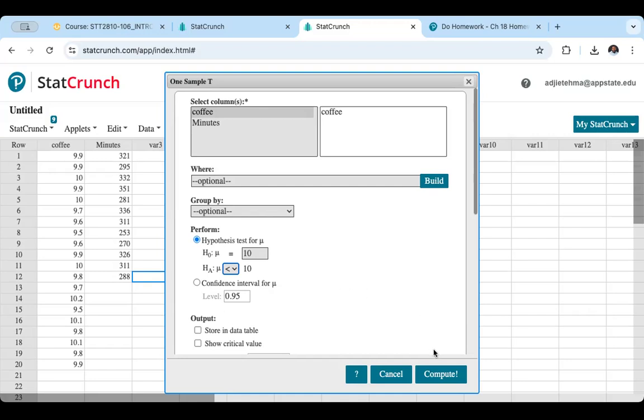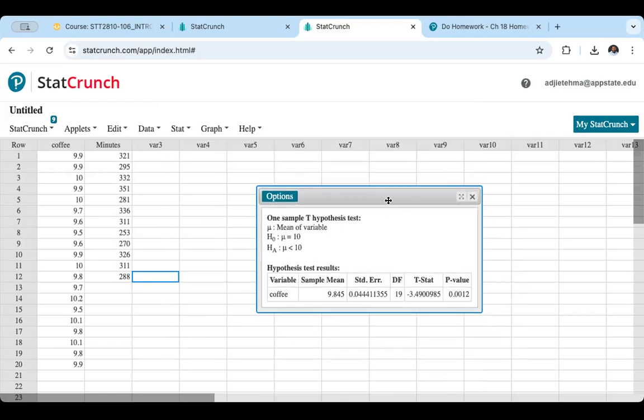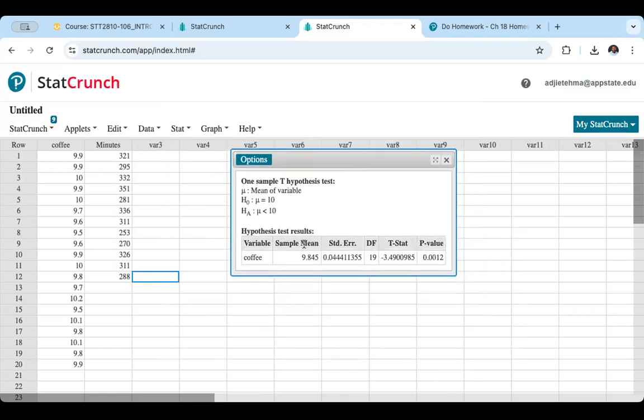And then I click on this one here. This is a sample mean, standard error. So anytime you see t-stat, that tells you the test statistic value. Then this is the p-value. So all you have to do now is to tell me, is this p-value large or small?